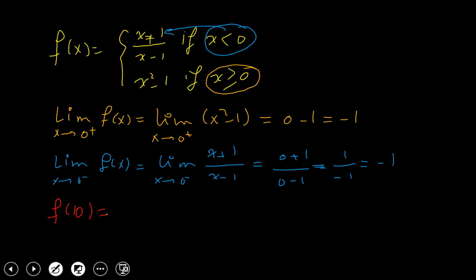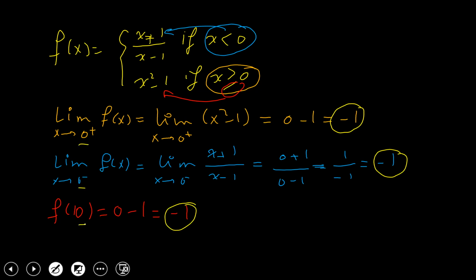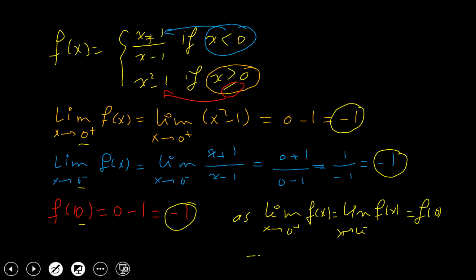That is, when x is equal to 0, also we replace here, we get 0 minus 1, which is equal to -1. As all the answers are equal, we say that f is continuous at this value, which is 0. So, the limit at 0 plus of f equals the limit of f at 0 minus equals f of 0. This means f is continuous at x equal to 0.